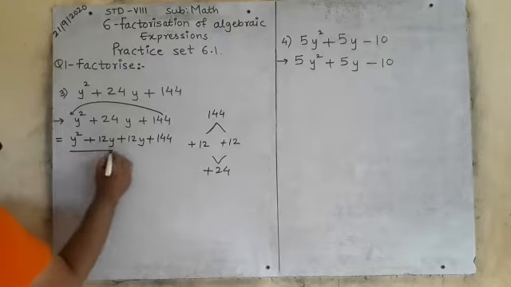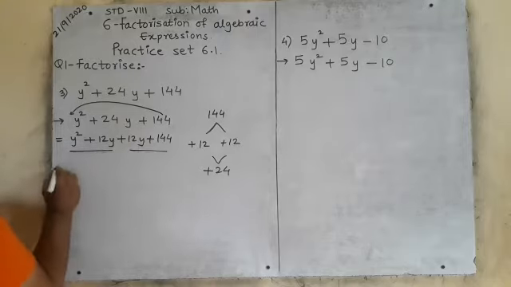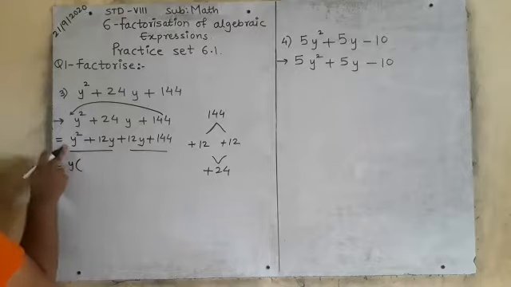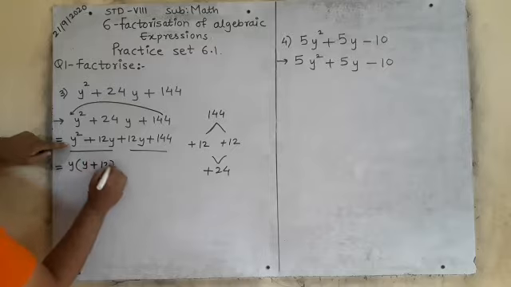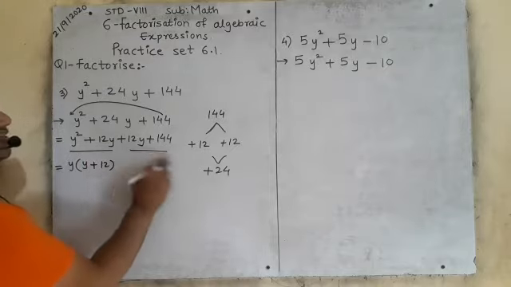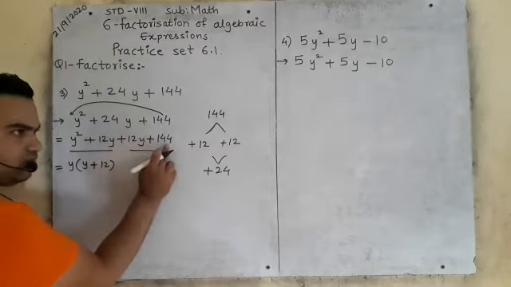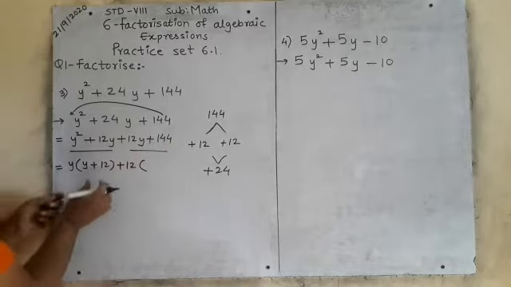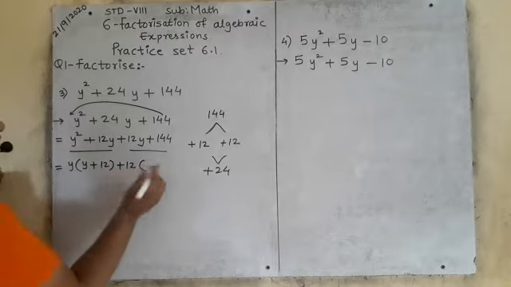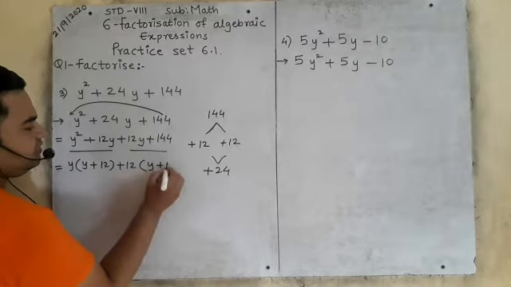Now you will find the common terms between these two terms. See, y is common. What will remain from here? y plus 12. Is it clear? Now what is common here? 12 12s are 144, so 12 is common. Plus 12 is common. I have said whatever will be your first bracket, that is your second bracket.